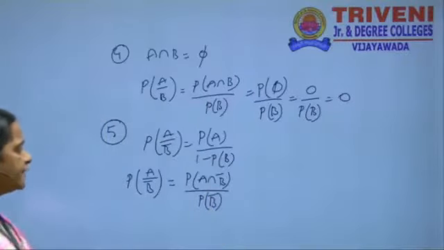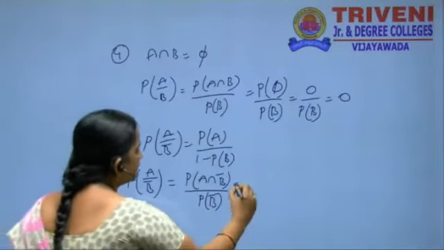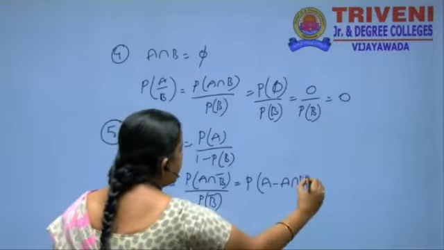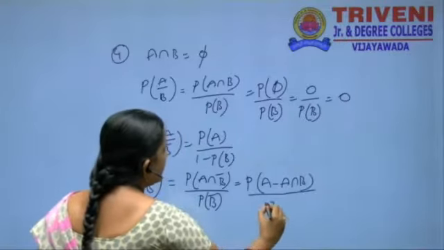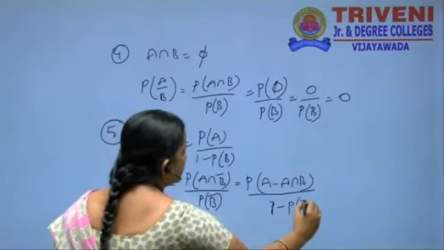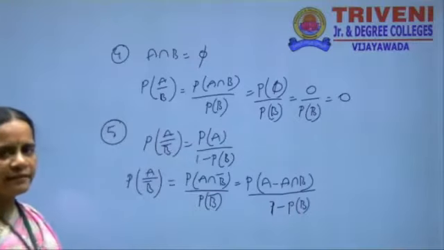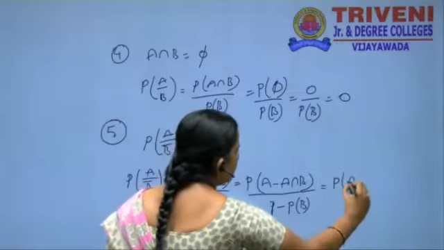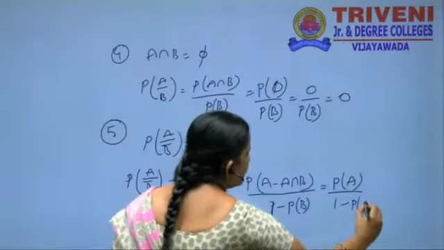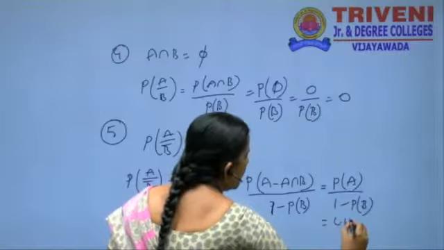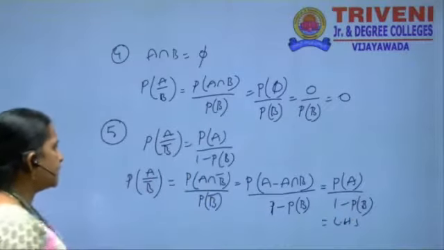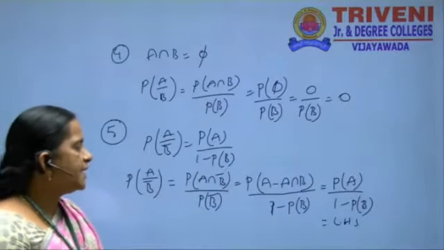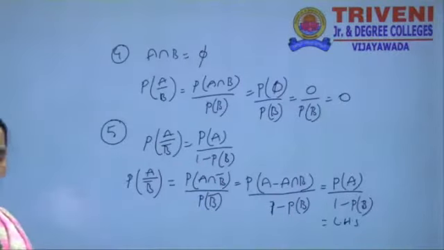P of A intersection B complement is nothing but P of A minus P of A intersection B, by 1 minus P of B. P of A minus P of A intersection B is nothing but P of A by 1 minus P of B. This is equal to the RHS. We have proved that P of A by B complement is equal to P of A by 1 minus P of B. Here P of B is not equal to 1.